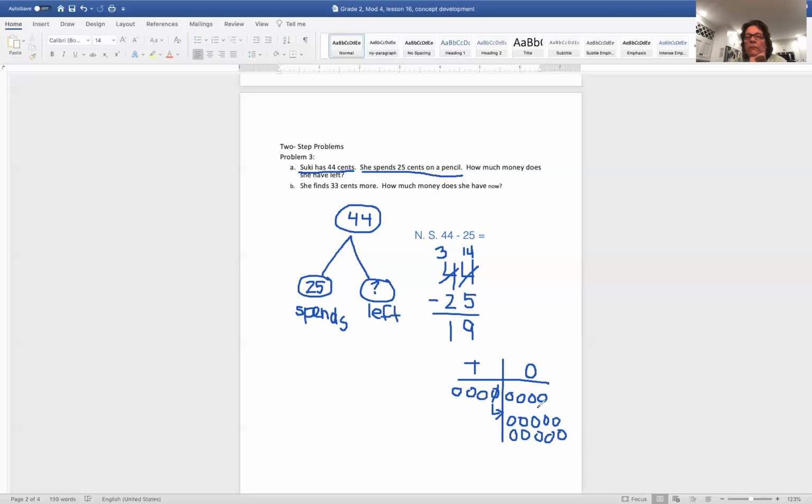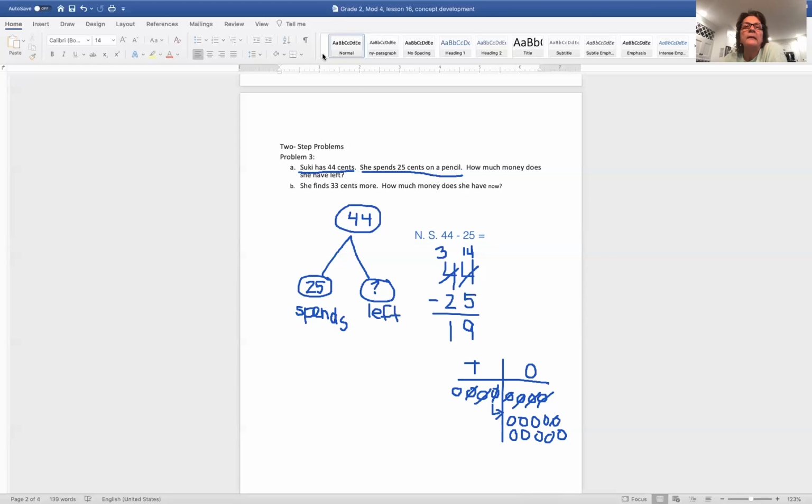And if we take 5 away, I always like to start with my partial rows. So there's 4, and I subtract 1 more, and that leaves me with 5, 9. And then over here I have 3 tens, and I subtract 2 more, and it leaves me with 1 ten. So again, that just supports what you're doing in your algorithm. So if that's hard for you to remember, I suggest drawing the place value chart.